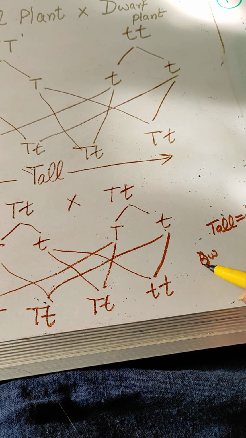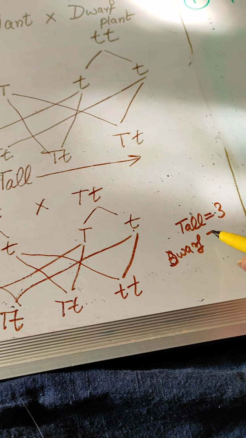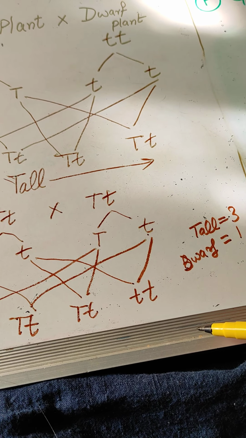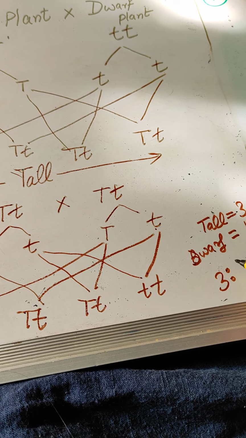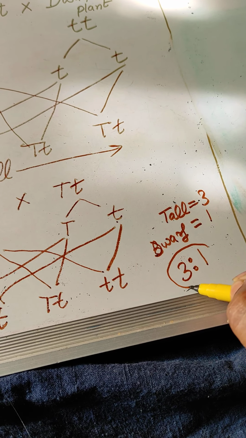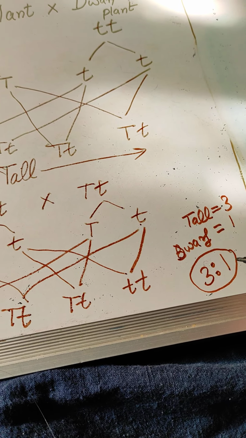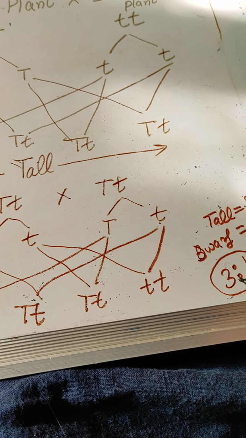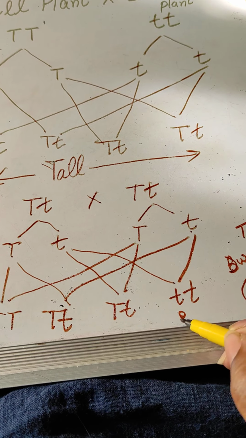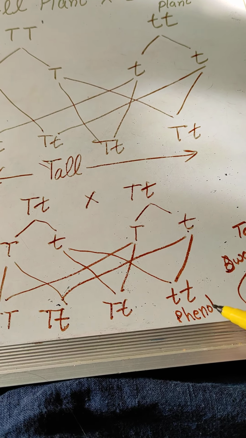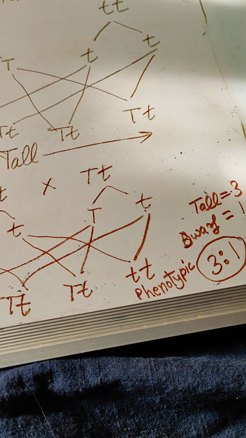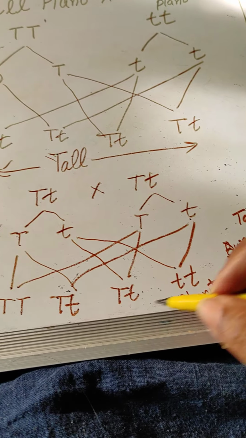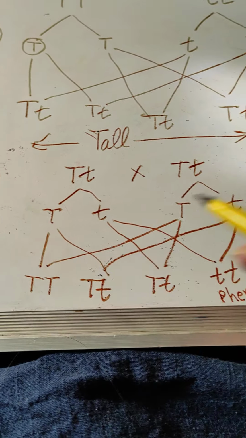And dwarf, 1. So the phenotypic ratio is 3:1. This ratio is the phenotypic ratio of which generation? F2.